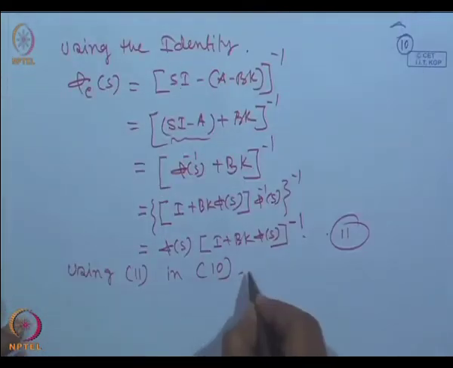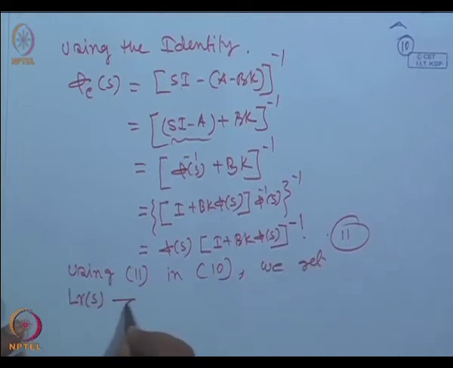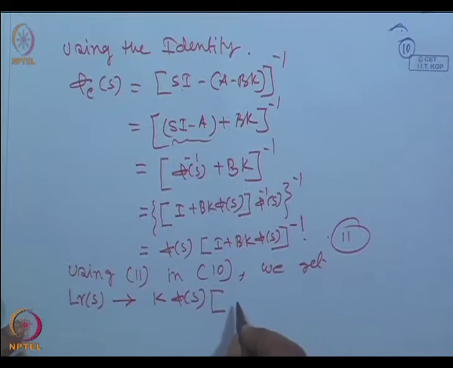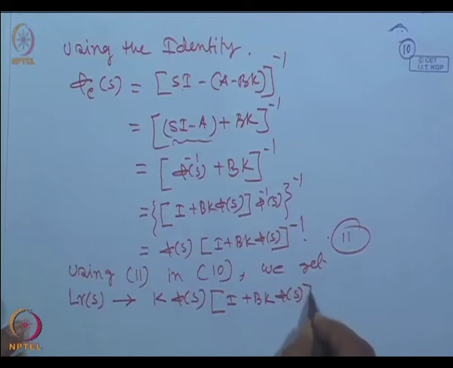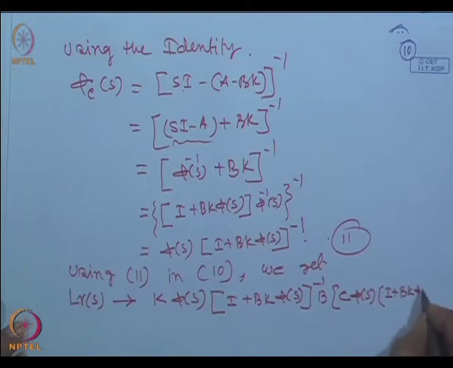Using this in 10 we get L of S equal to k phi S into (I plus B k phi S) whole inverse B, then C phi S into (I plus B k phi S) whole inverse, this whole inverse into B.